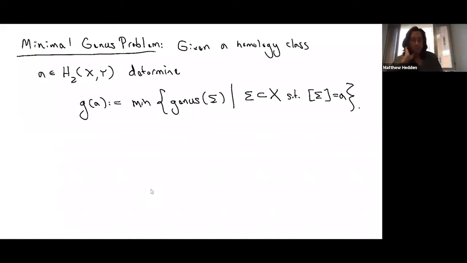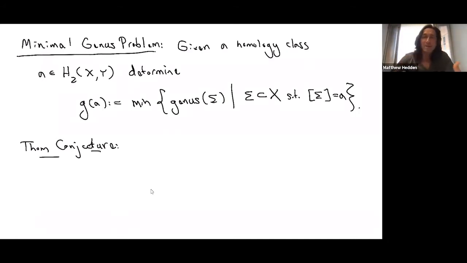Okay, so a sort of guiding example of this problem is the so-called Thom conjecture. The Thom conjecture asserts that the minimal genus problem is solved for the complex projective plane by smooth complex curves.